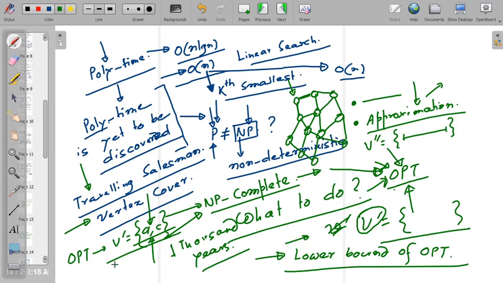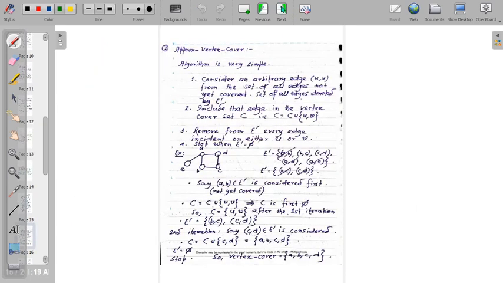We find the lower bound of the optimal solution, and from that lower bound we will compare the performance of the approximation algorithm. So first we have to take into consideration the approx vertex cover algorithm.